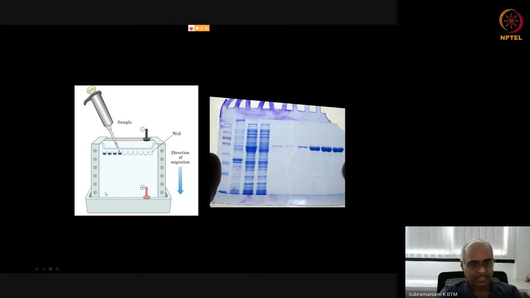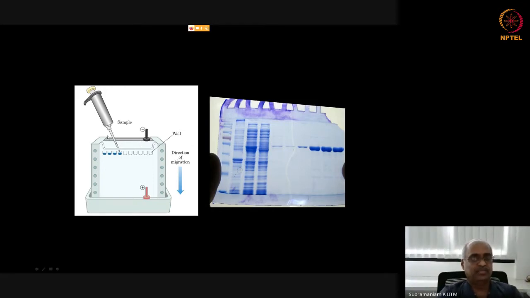In the space between them, I put a seal at the bottom, so whatever you are pouring in between the two glass plates does not leak out. Once polymerization is over, you will remove the bottom one. Then you can have a tank here with the buffer, and also a tank on top with the buffer.